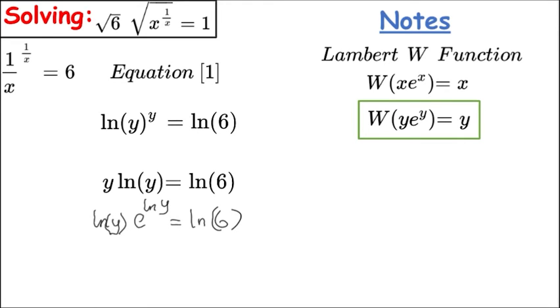Now, as we can compare forms, we can apply Lambert W to both sides, and we will have W of ln of y multiplied by e to the ln of y. We have the same coefficient as the exponent, is equal to W ln 6.